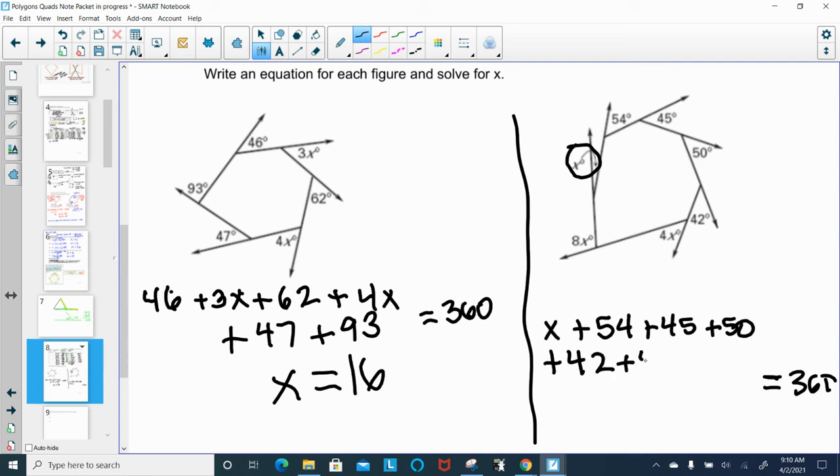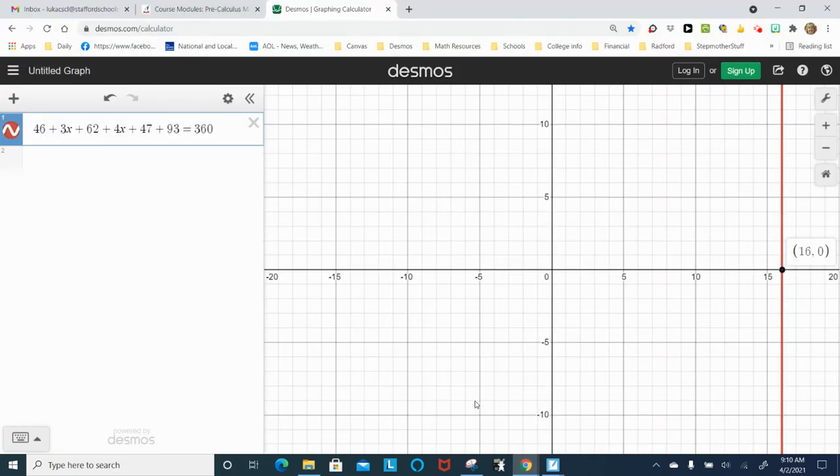See how I'm just walking around the polygon, it's not triangles anymore, and adding up all of the parts. I'm taking a little picture of it so that when I go over to Desmos, I can enter all that stuff without making a mistake.